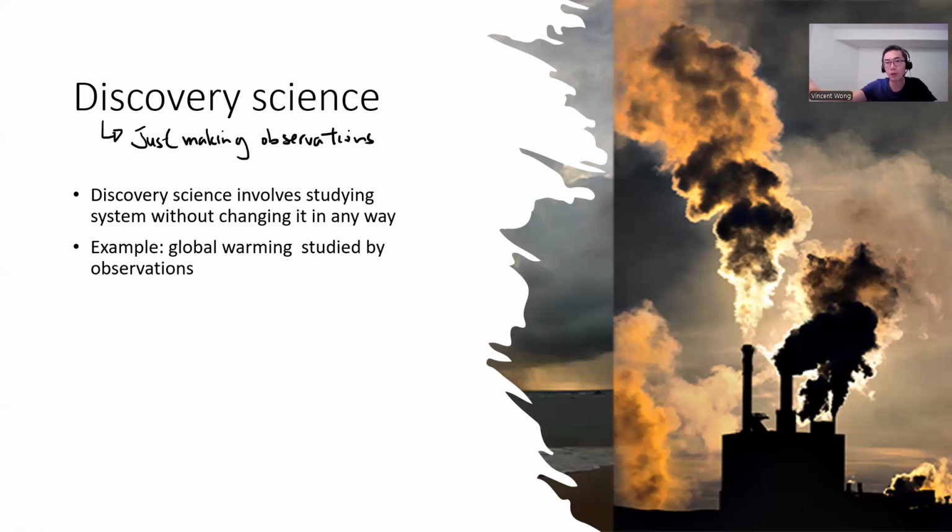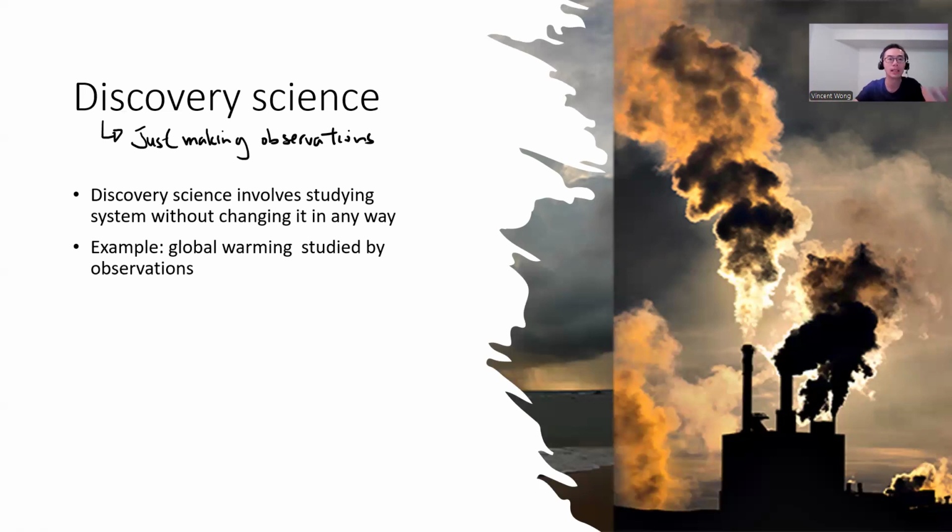If you discover a new animal and you're trying to understand more about it, you would be using discovery science. You'd just be watching it from a distance. You're not going to be poking at it or anything like that. Don't touch it. Don't change it. You're just watching.